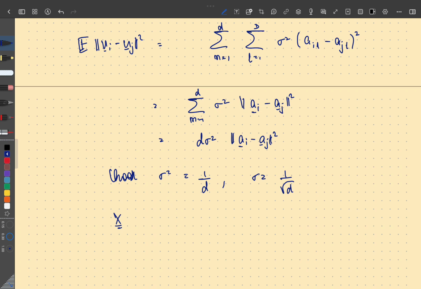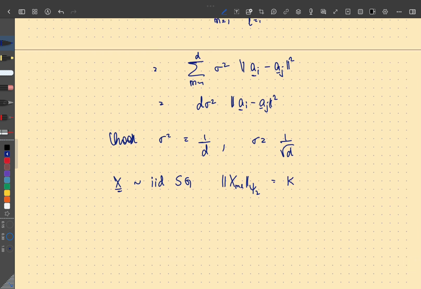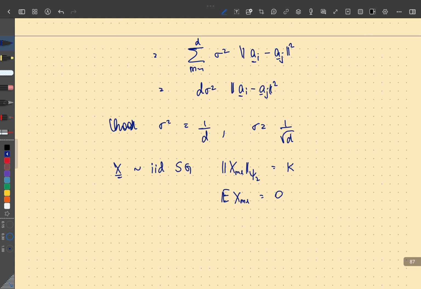Right, so X is a matrix with IID sub-Gaussian entries. The sub-Gaussian norm of each X_ml is equal to some k. The mean of each X_ml is equal to 0, and the variance of each X_ml is equal to 1 by d.